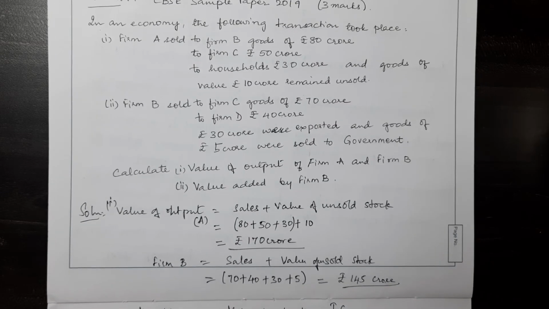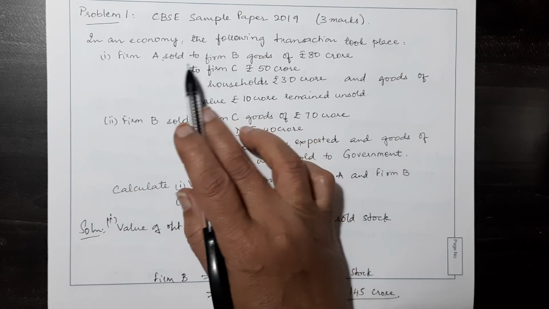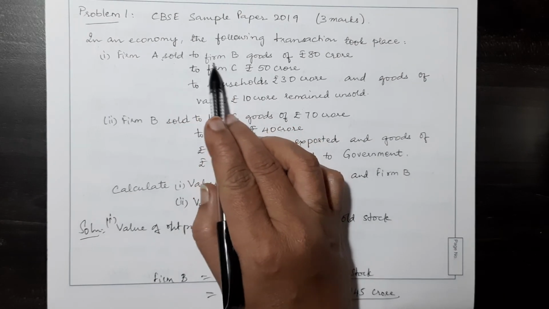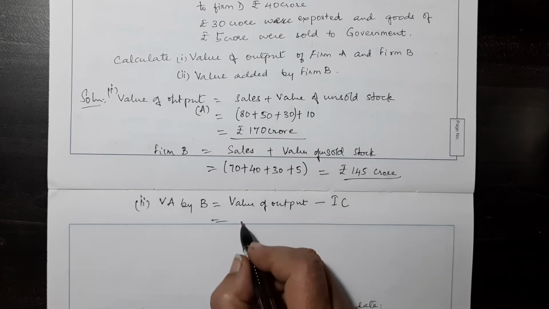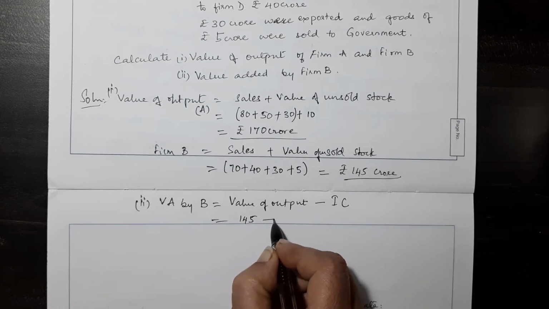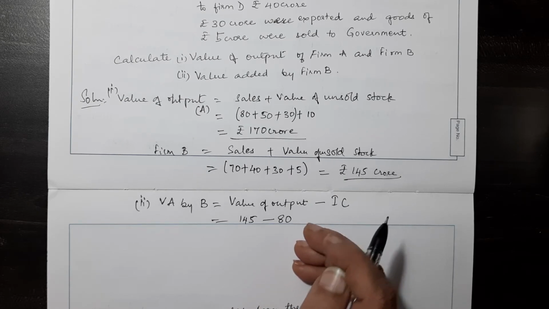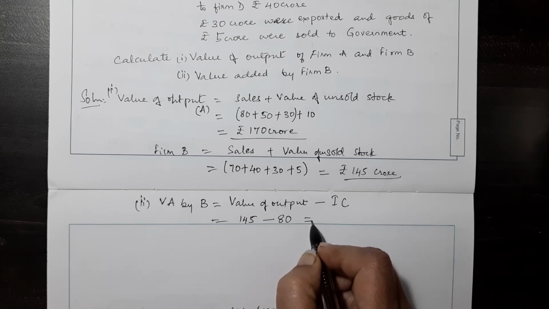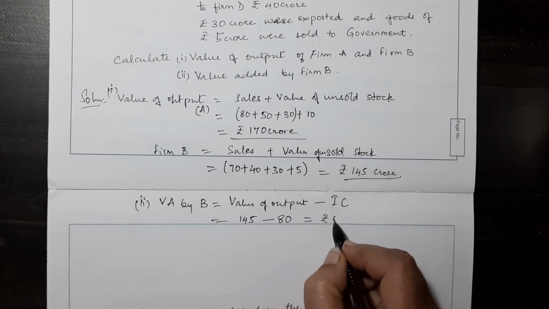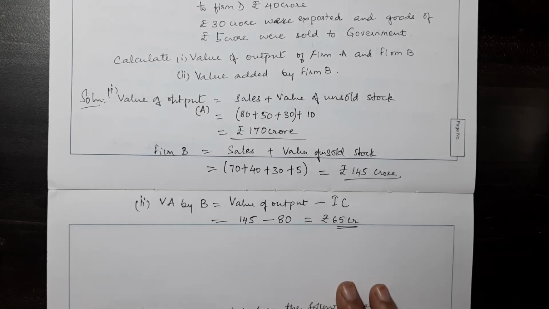Now, if you look at this question, we have A selling to B. That means B is buying from A. So this will be the intermediate consumption of firm B. So the value of output we already found out is 145 minus intermediate consumption of 80 crore. That means it has bought goods worth 80 crore from firm A. So this will give us 145 minus 80, which is equal to 65 crore. 65 crore is the value addition by firm B.